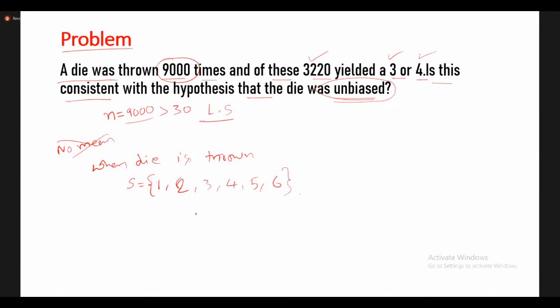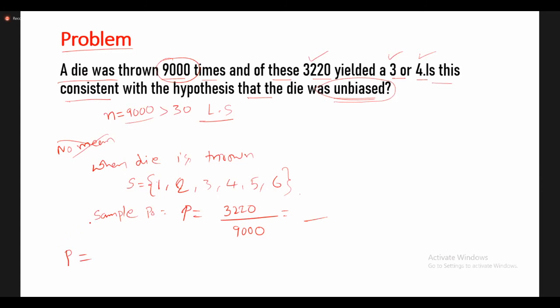Now, what is the question here? A die is thrown 9,000 times. They got either 3 or 4 in 3,220 times. By this given data, you can get the sample proportion. The sample proportion small p is equal to 3,220 out of 9,000. Now, an important point: how to get capital P?